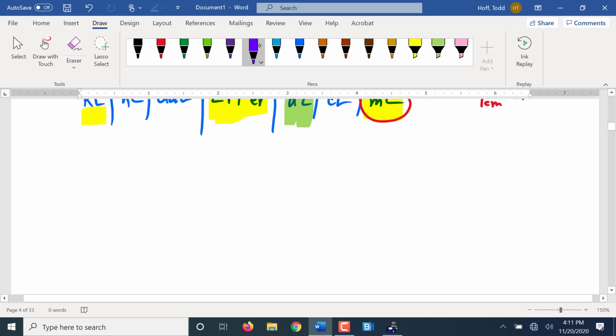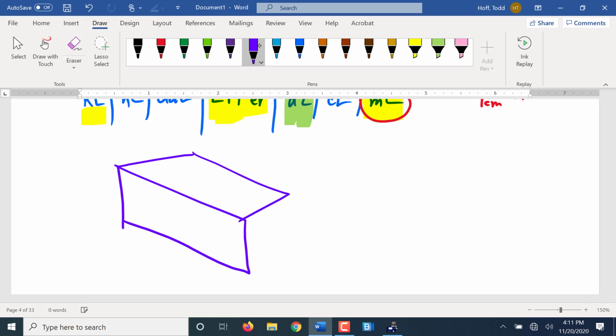So if we have a tank, let's say this is 130 centimeters by 40 centimeters by 20 centimeters.